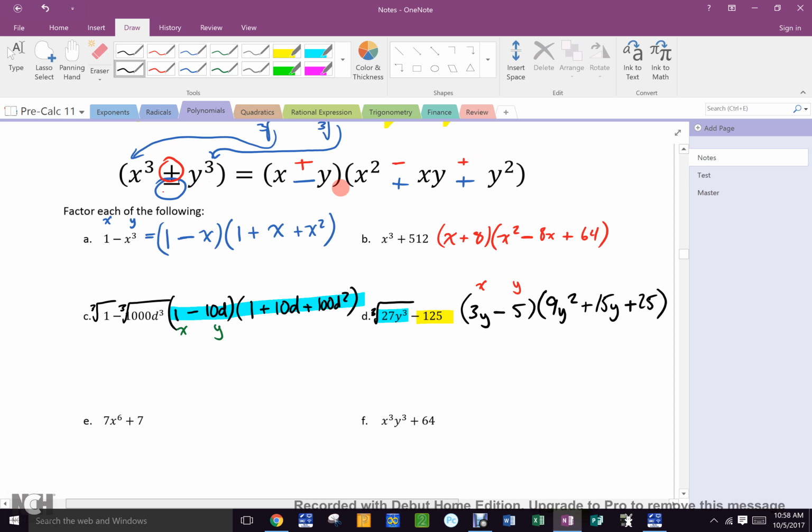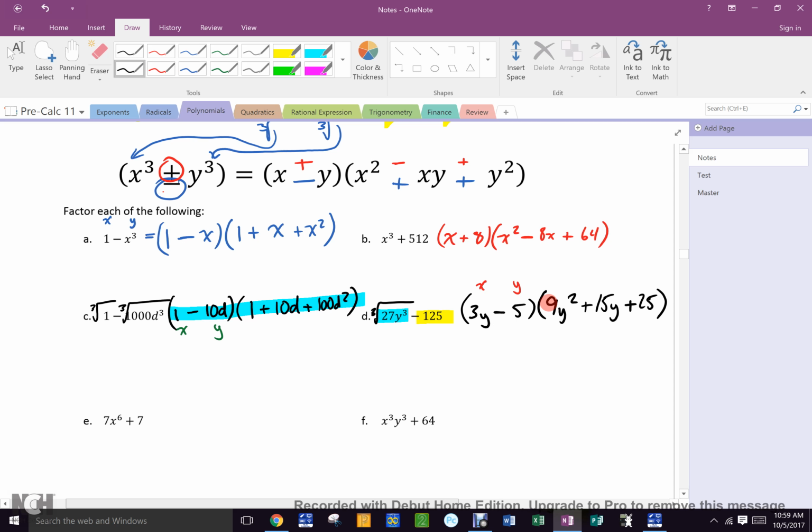If it's negative, it's minus, plus, plus. So for like the 27y cubed minus. Yep. So since that started with a negative, they're both going to be positive in here. Every time. Cool? If that was a positive, it would be one of each. Got it? Good question. Anybody else?